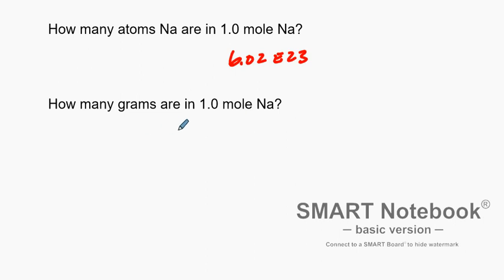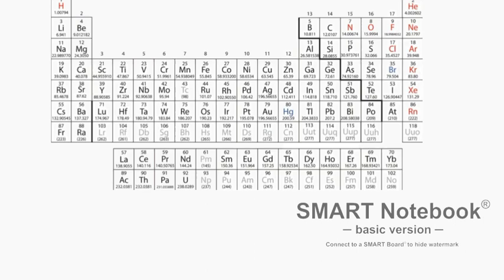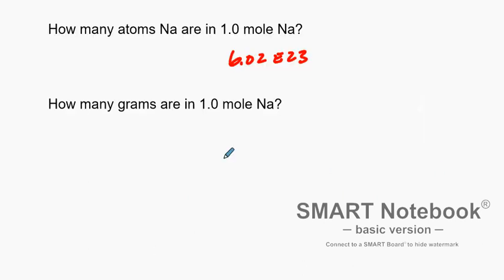But if I ask for grams, I must go to the bakery. What's our bakery in chemistry? The periodic table. So here I go. I touch on that. Well, I look at that, and it's 22.9898 if I round that. So if I go back to answer my question here, it's 22.9898 grams. I could have kept more digits, but I think that's plenty for that.